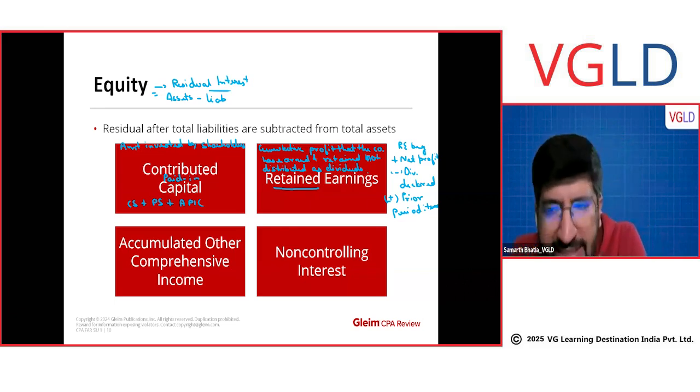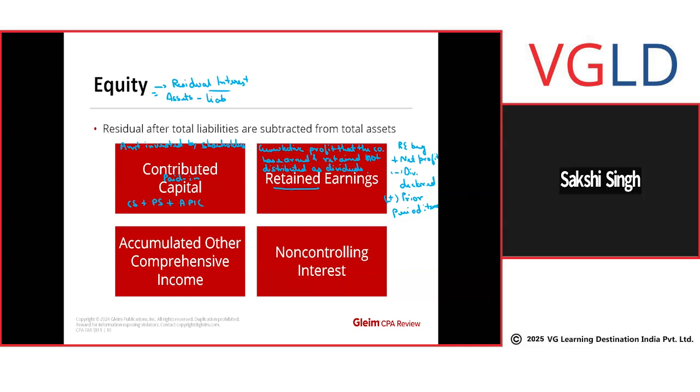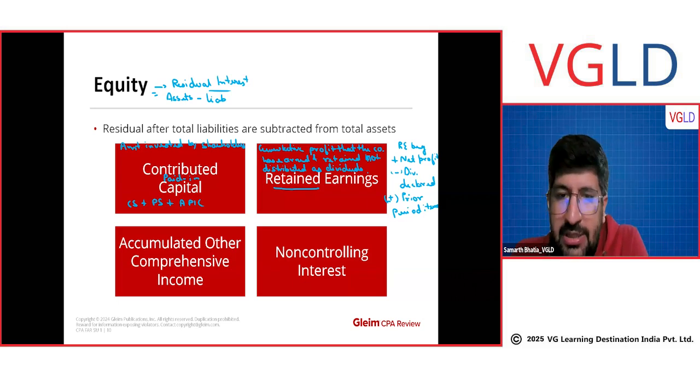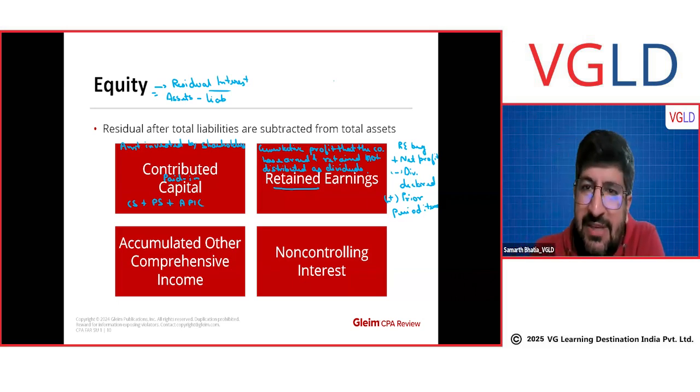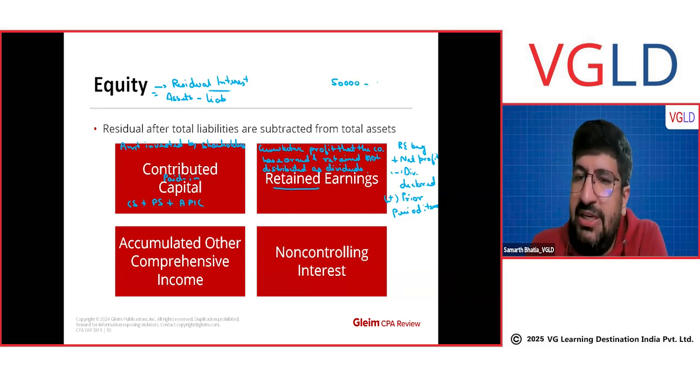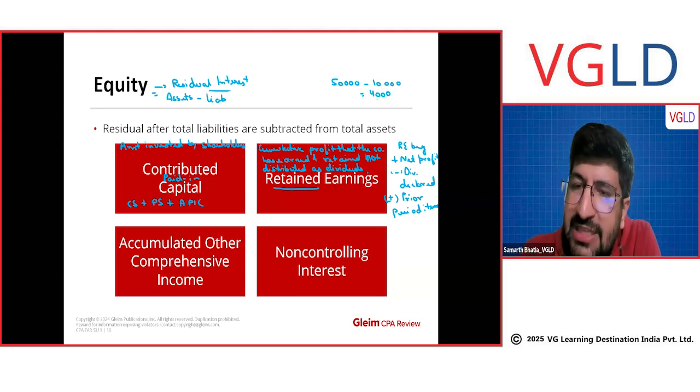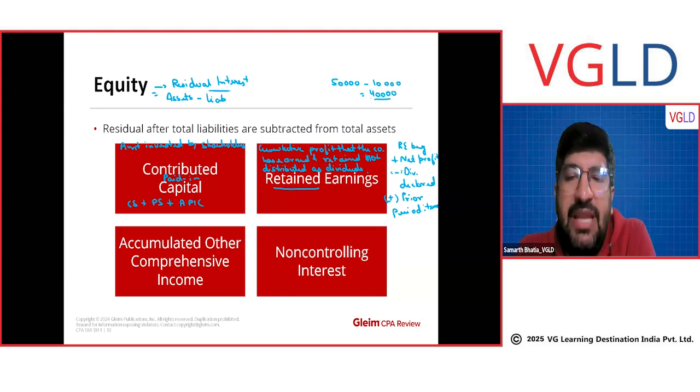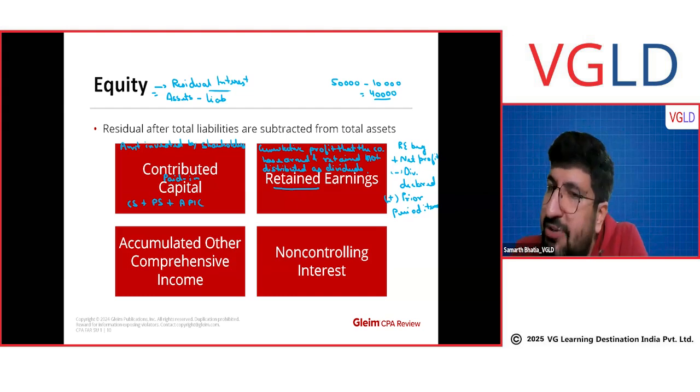It increases with the net income and decreases with the losses and the dividends. Sir, it means it will carry forward to the next year in the balance sheet? Absolutely. Like you earn a profit of, let me say, $50,000, and out of $50,000 only $10,000 is declared as a dividend. So whatever remains in the company, that is $40,000, will increase the retained earnings balance.